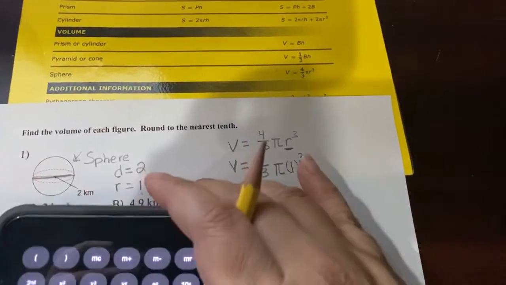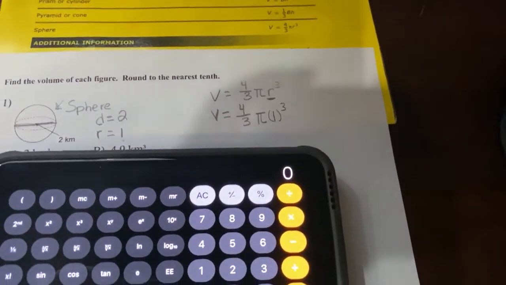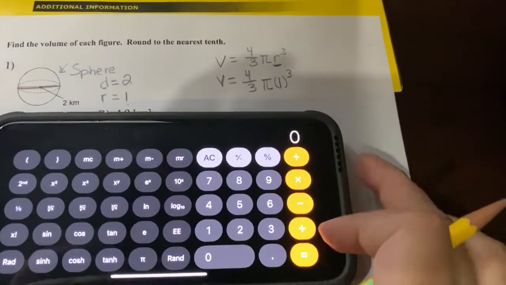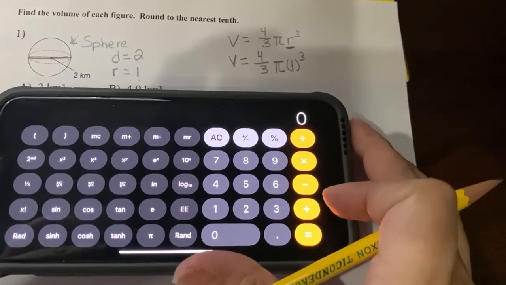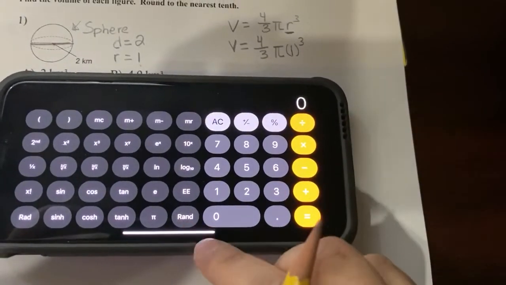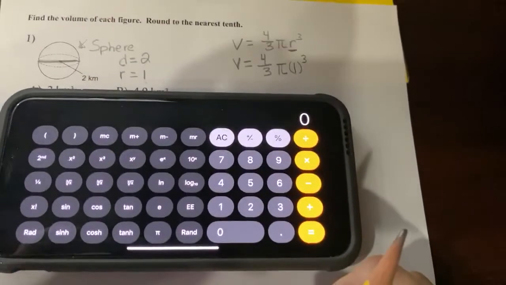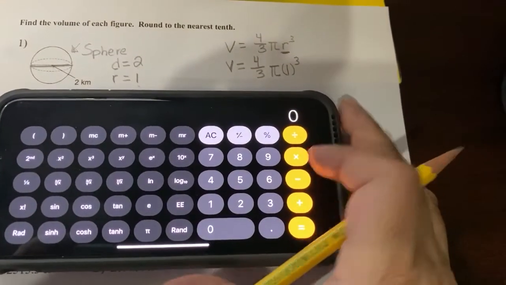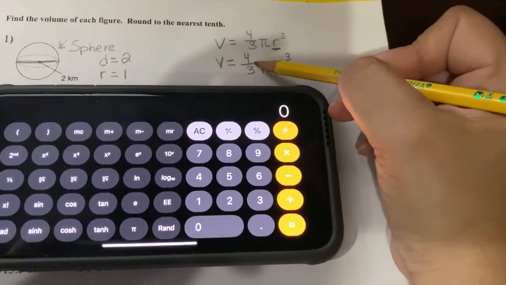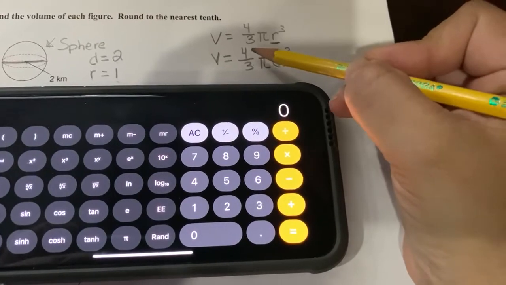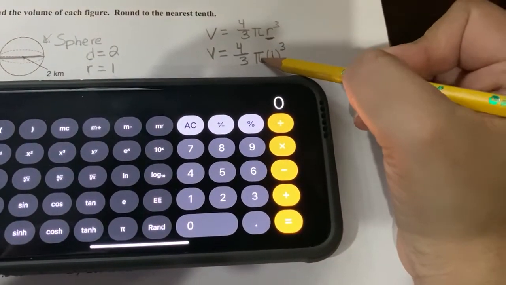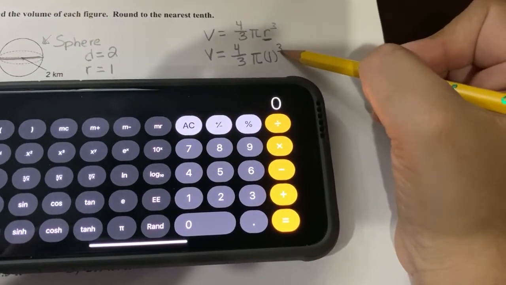At school we did have the calculators that we use, but because most of y'all don't have one, or you don't even have the app, we're going to go ahead and use a regular phone calculator. I'm going to show you how to do that. Because there is not a fraction option on this calculator, we're going to multiply the numerator times pi times 1 and then to the 3rd power.